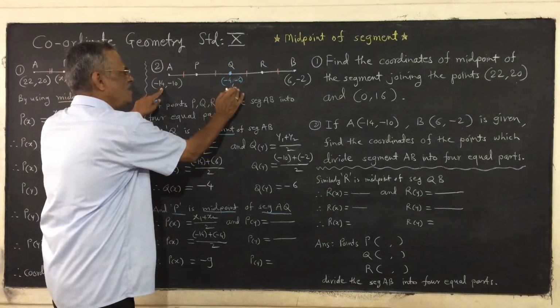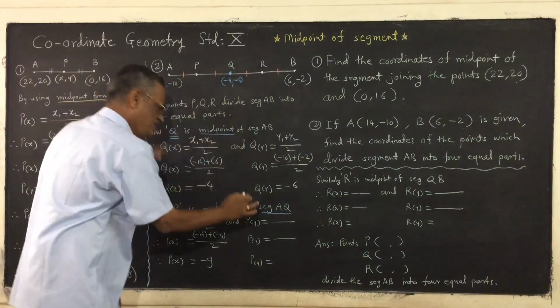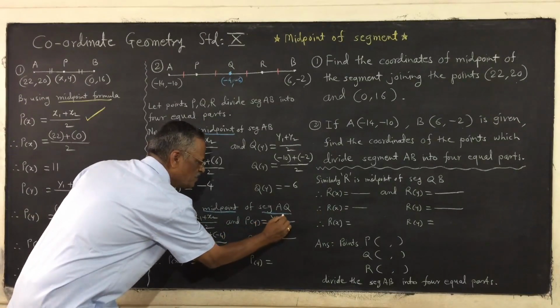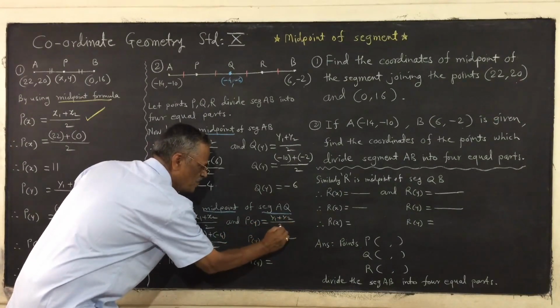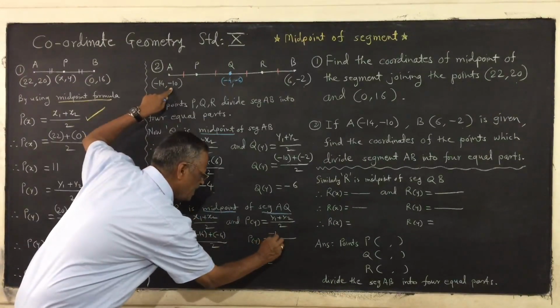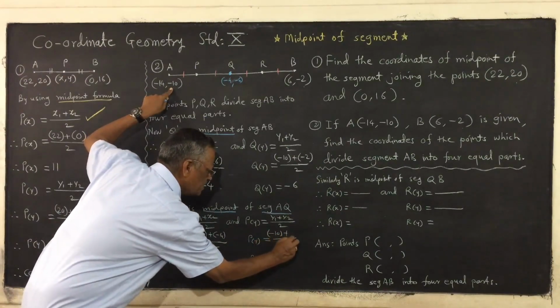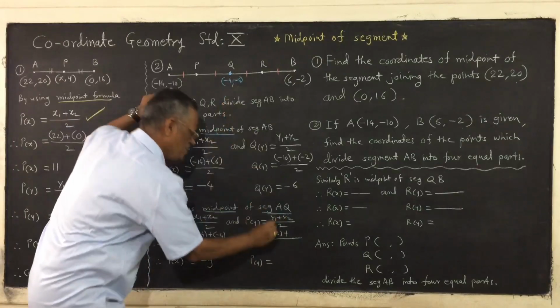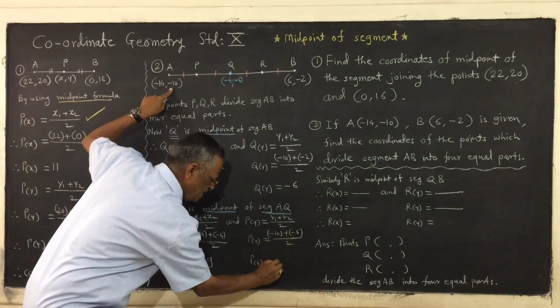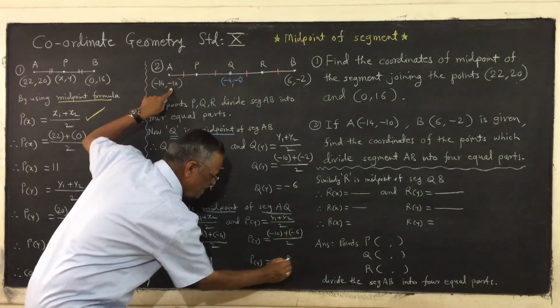Similarly, the y coordinate of point P. It is the midpoint, so the same formula, (y1 plus y2) upon 2. Y1 is minus 10 plus y2, which is minus 6, upon 2. Minus 16 upon 2 is minus 8.